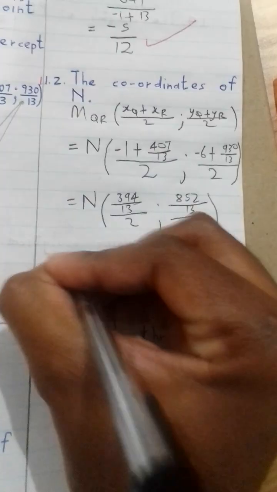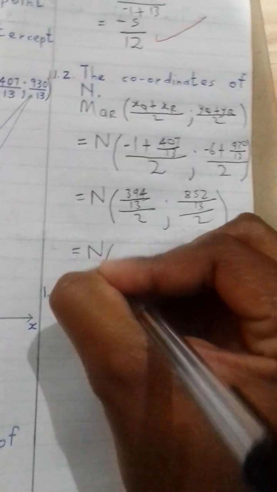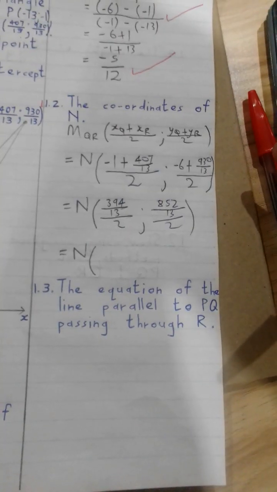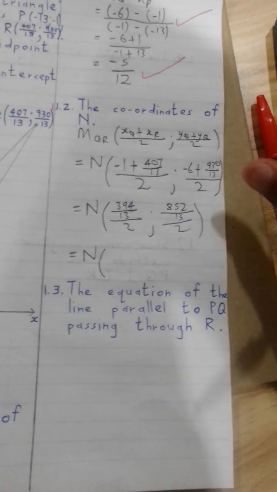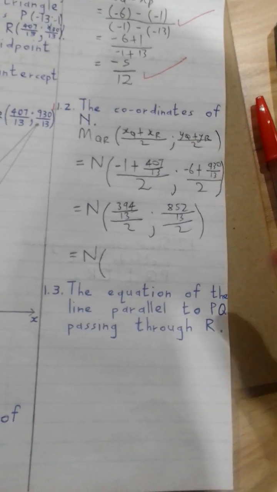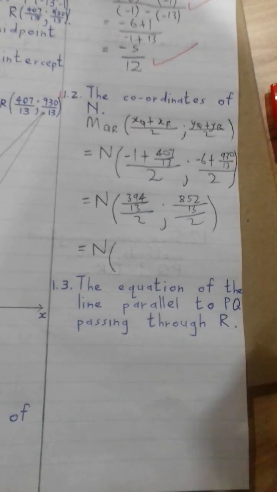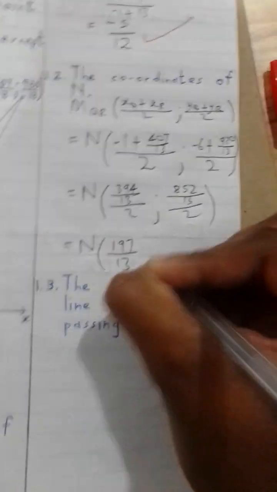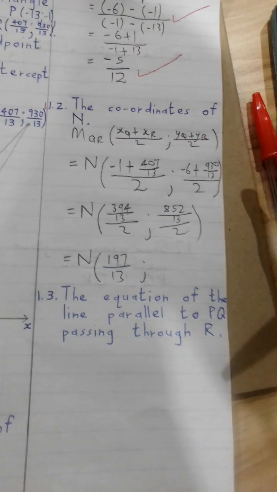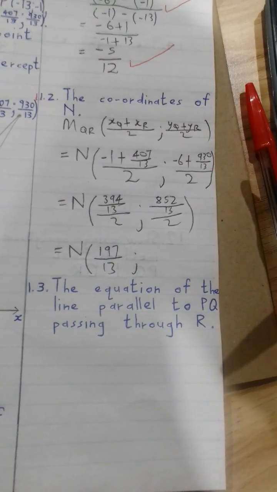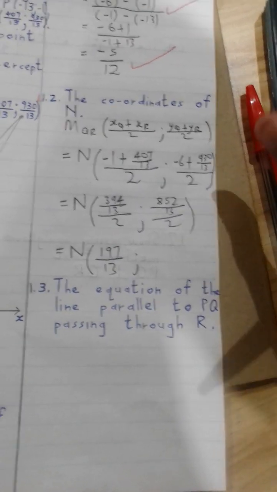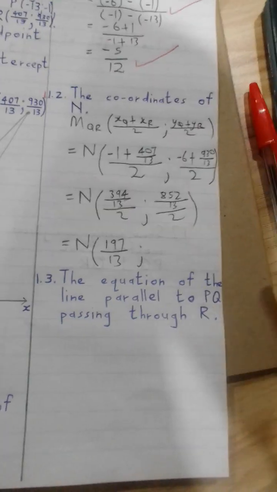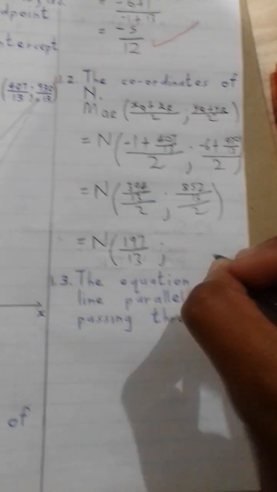So the final answer is going to be N (197 over 13; 426 over 13).